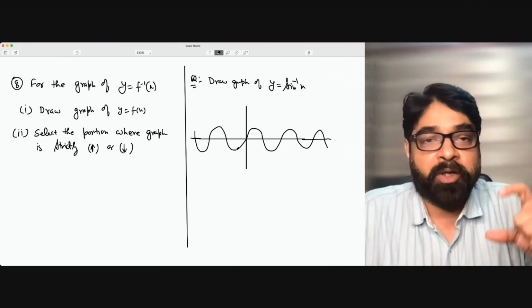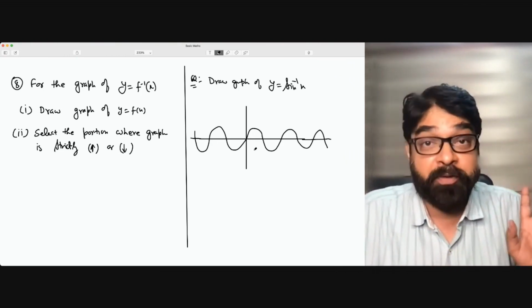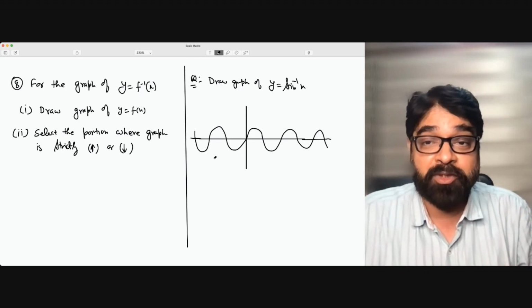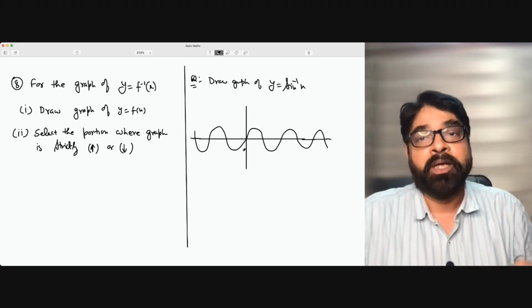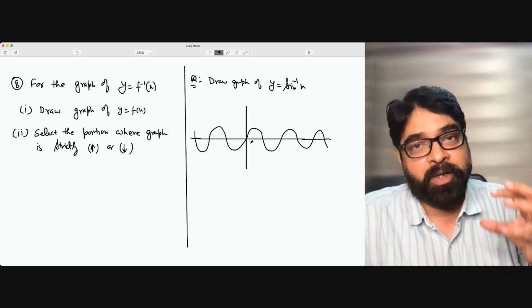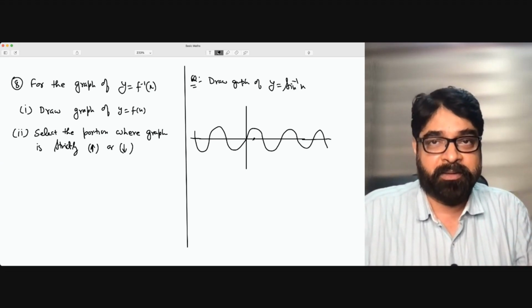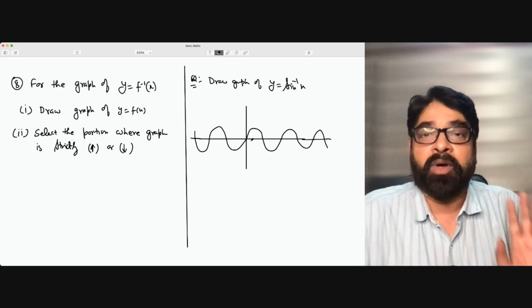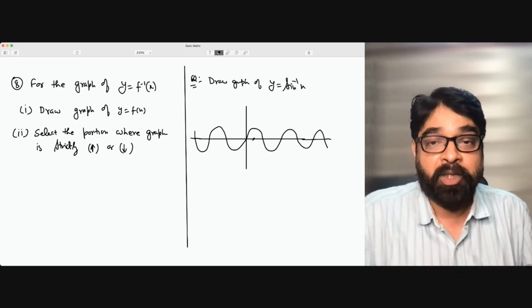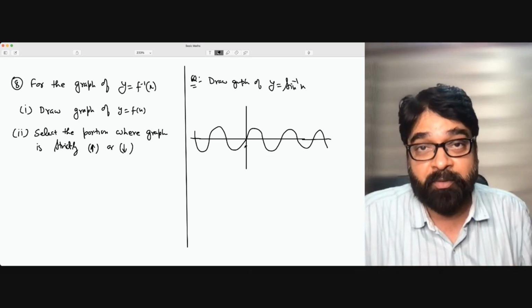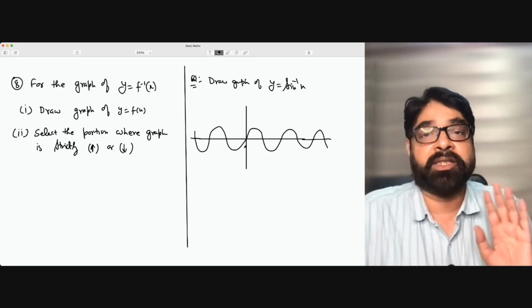You cannot select the complete portion because sin x overall is not invertible. I hope all of you remember that only a 1-1 as well as onto function can be inverted. So 1-1 is the primary condition. 1-1 means strictly increasing or strictly decreasing.